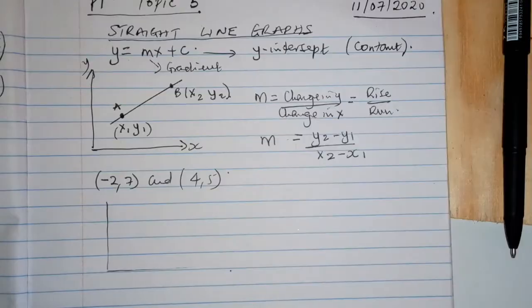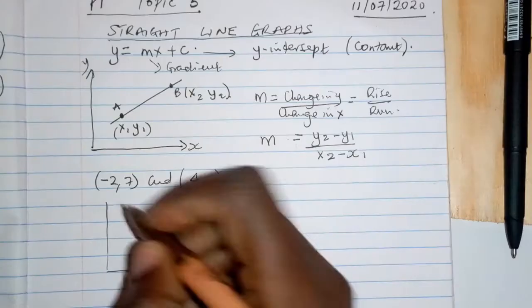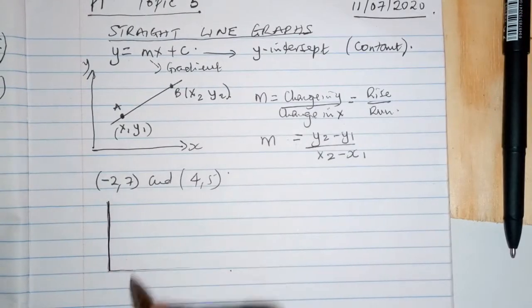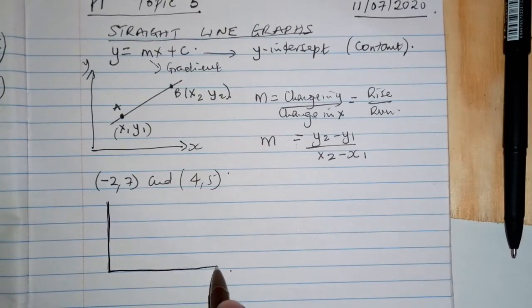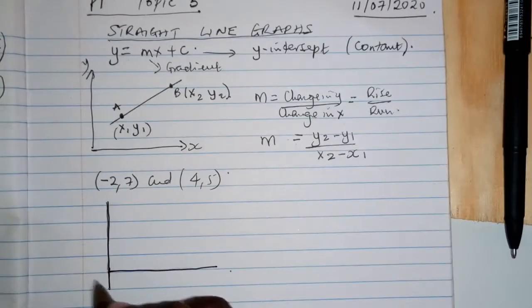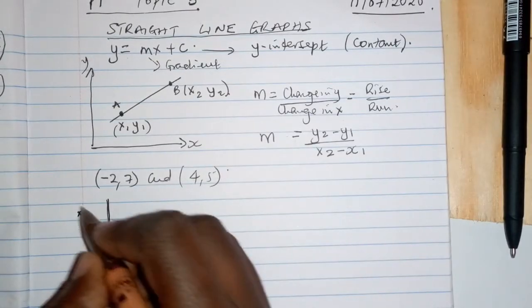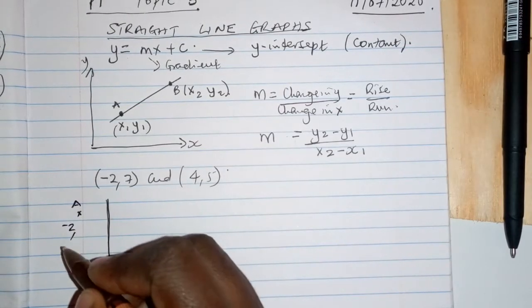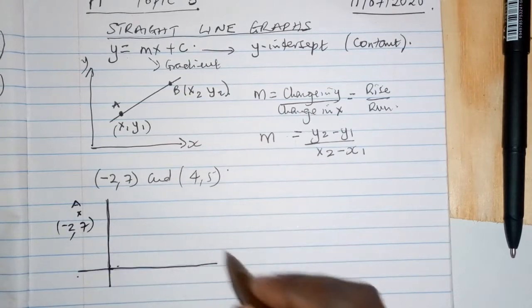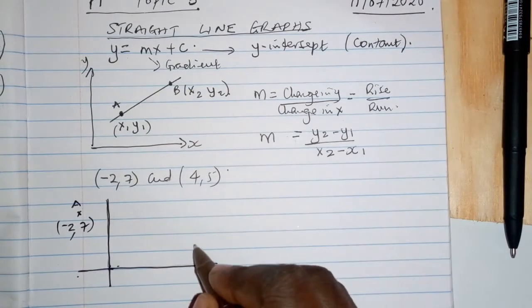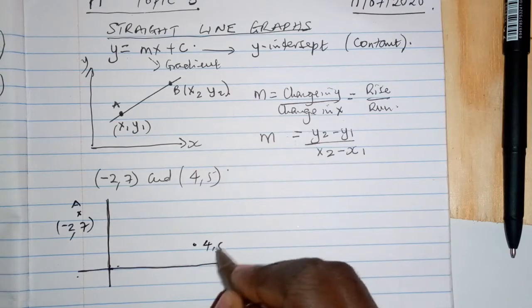We could have minus 2, 7 as point A, and we are going to have 4, 5 as point B.